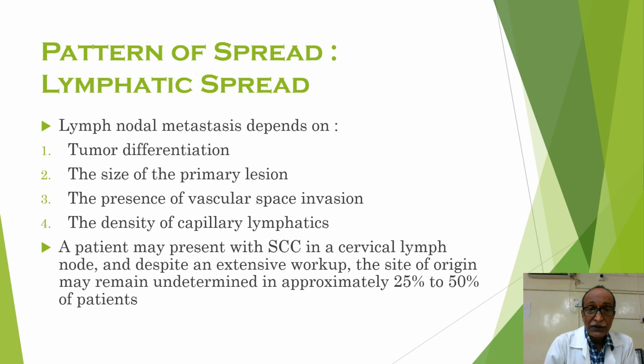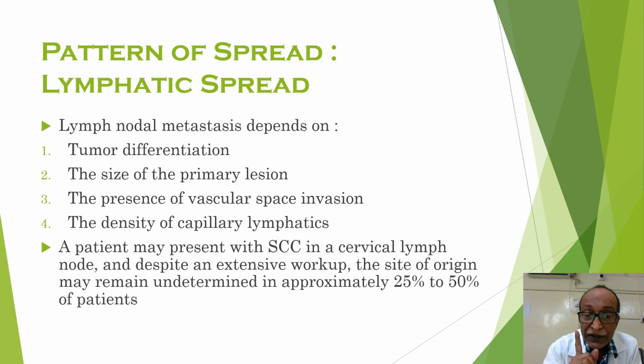In histopathology, the tumor differentiation: the more the tumor looks like its parental tissue, the more differentiated it is. And the more it does not look like its parental tissue, the more de-differentiated it is. So there are three grades of differentiation called grade 1, 2, and 3.